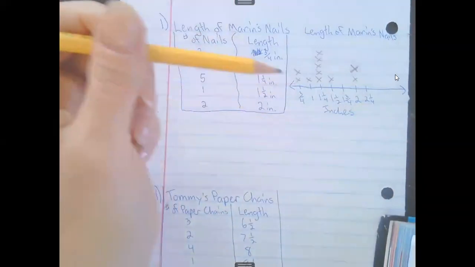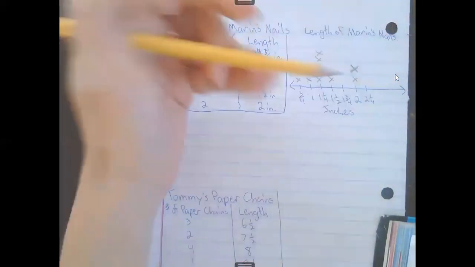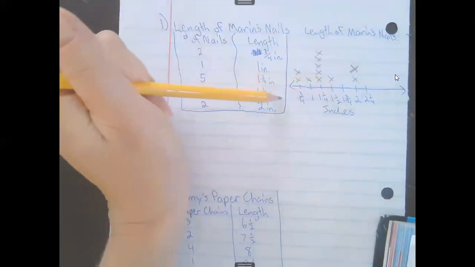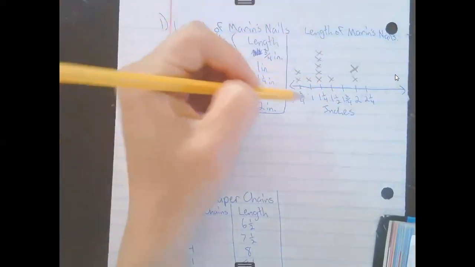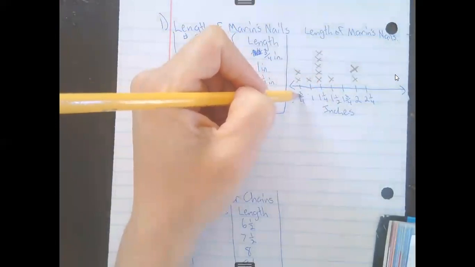Now, when looking at this line plot, something I really want you guys to see is that they didn't just write 3/4, 1, 1 1/4, 1 1/2, and then write 2 right next to it. They made sure it was spread out evenly, and you really want to do that to make sure you have a good understanding of where the data falls.